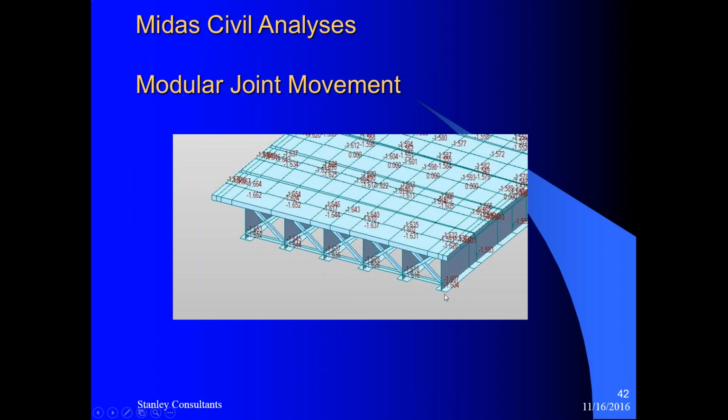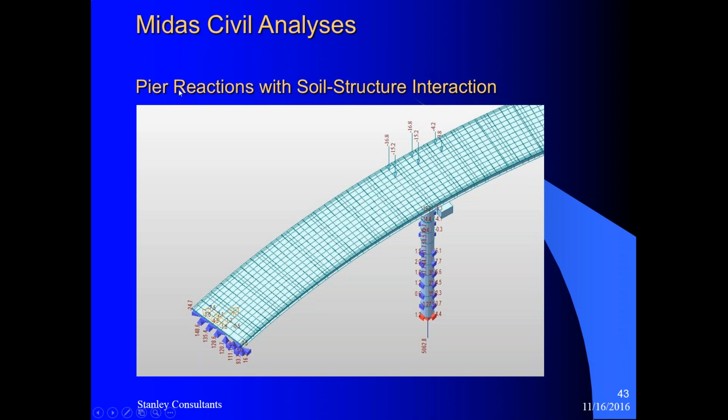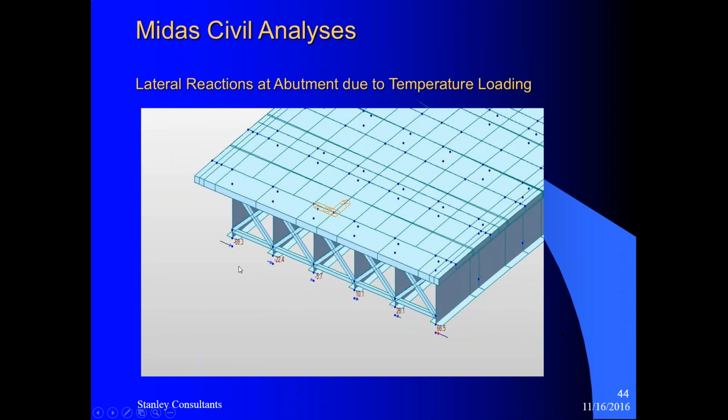And here, modular joint movements. Again, we did pier reactions with soil structure interaction. And lateral reactions at abutments due to temperature loading. So a significant amount of reactions are generated.